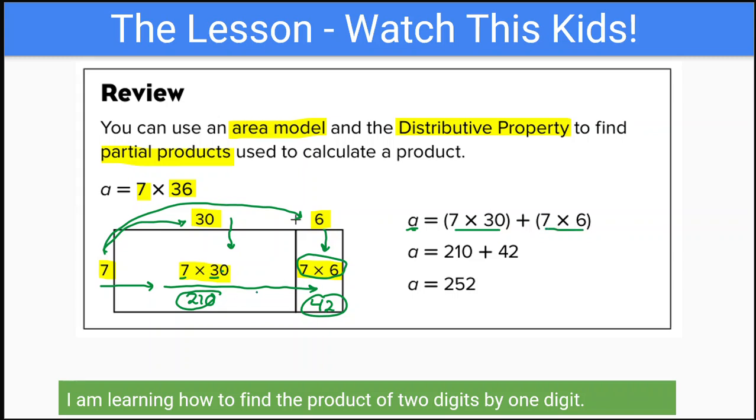Well, we just figured out over here that 7 times 30 was 210. 7 times 6 is 42. And if you add those two things together, you get 252. That's your answer, right? Kids, right now, and that's, by the way, that's your product, okay? Kids, you're learning how to find the product of 2-digit numbers by 1-digit numbers, okay?